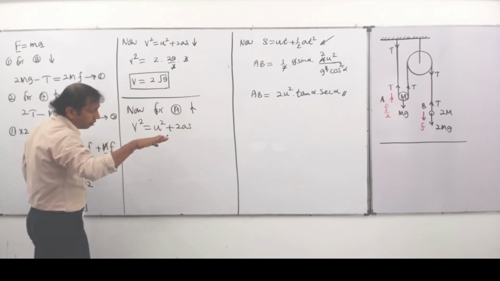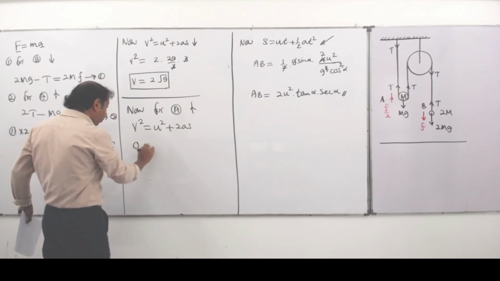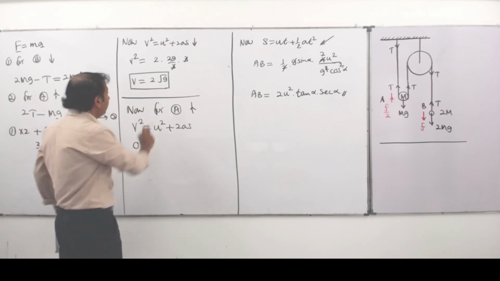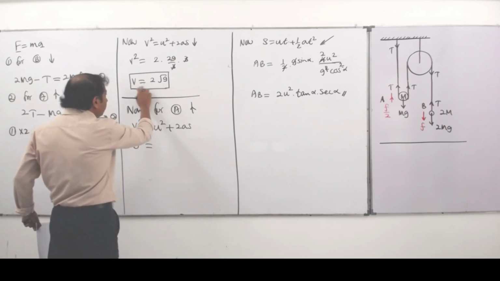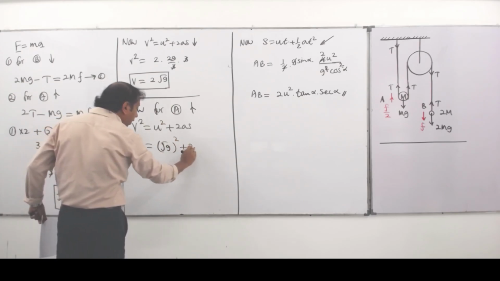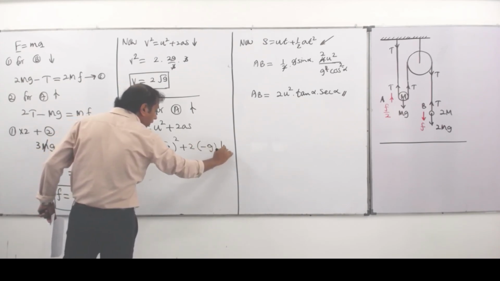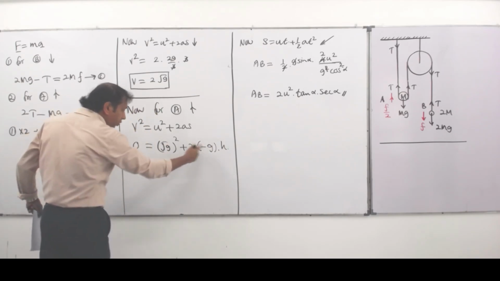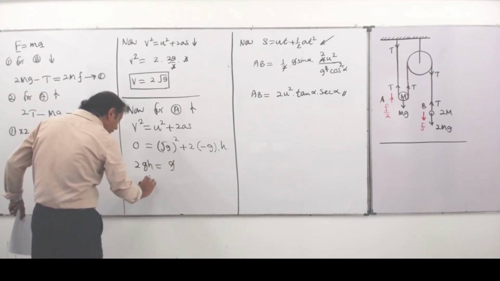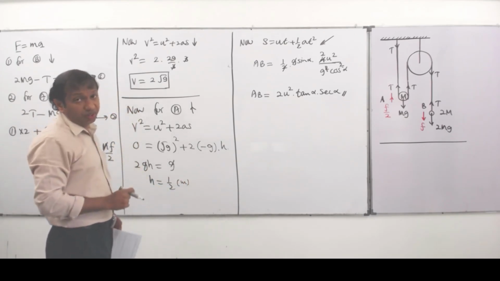We know once the particle reaches the highest point under gravity, its final velocity is 0. Here 0 equals the initial velocity v by 2 squared. V is this. Then v by 2 means root g. Root g perfect square plus 2 times, people, what? Minus g, and here I'll take h as height. Then take this side 2gh equals g. This and this we can cancel down. H we get half meters. Right. Under gravity it moves upwards half a meter. Then you can take the answer.